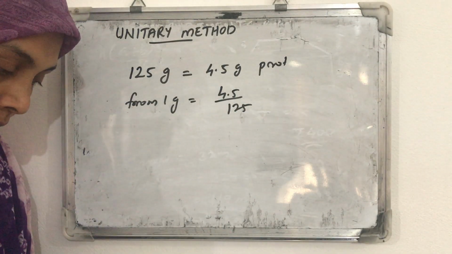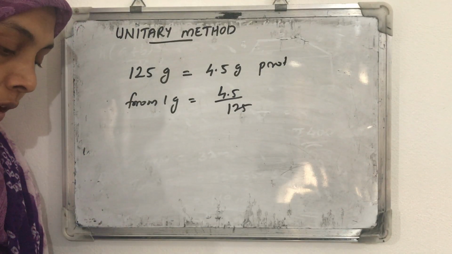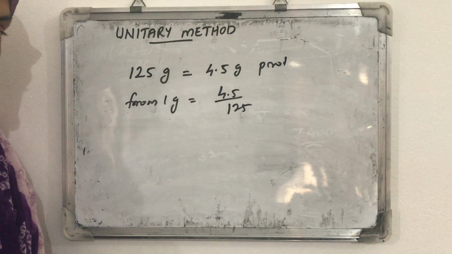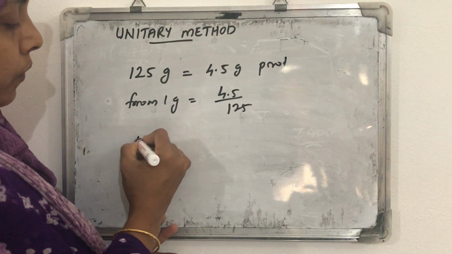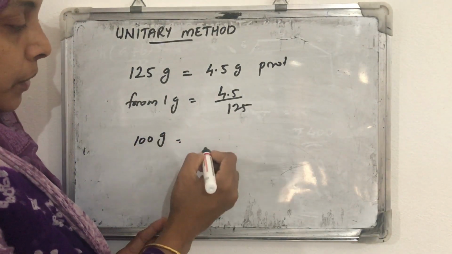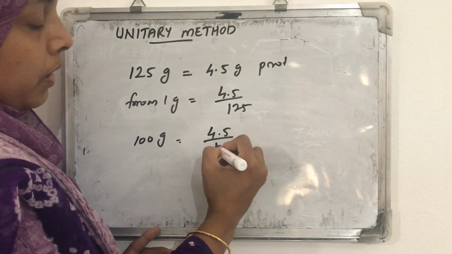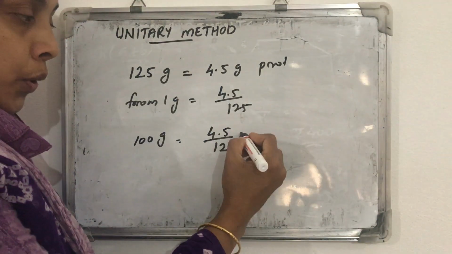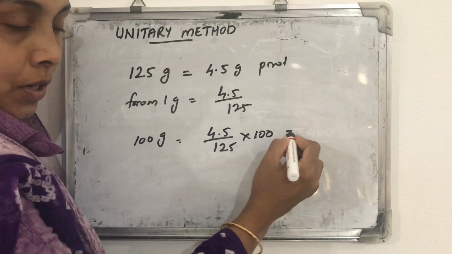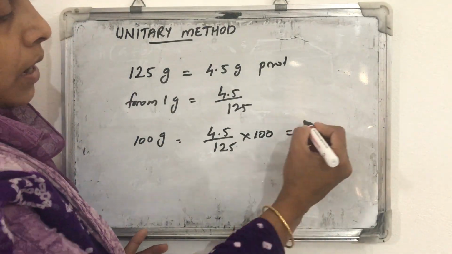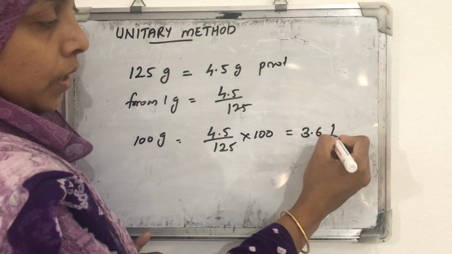Here we want to find out how many grams of protein 100 gram of yogurt provides. So we multiply this with 100: 4.5 divided by 125 into 100. Using the calculation we will get the answer, you should try to do that calculation.